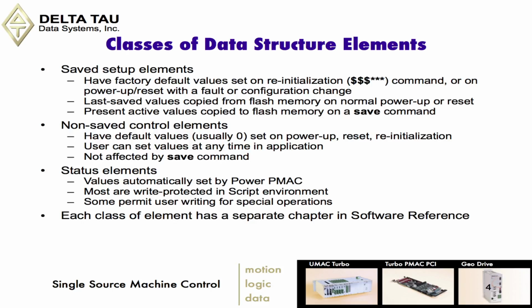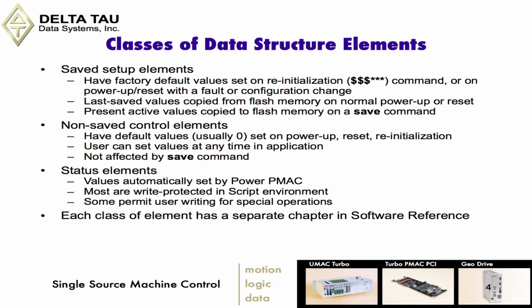The last saved values are copied from Flash memory on a normal power up or reset. I'll mention why I used the word normal power up or reset, because there are some special activities that happen on an abnormal power up and reset, and we'll talk about what that means a little bit later. And the present active values are copied into Flash memory on a save command.